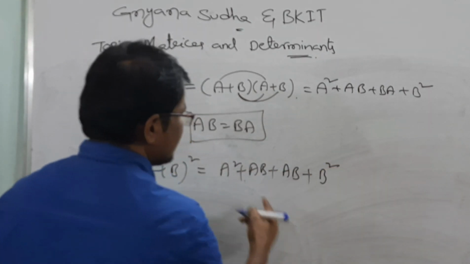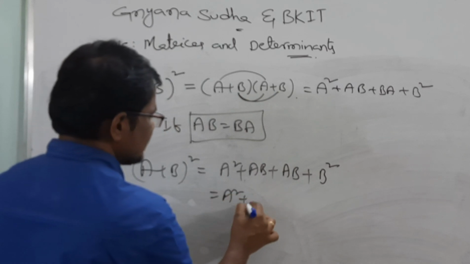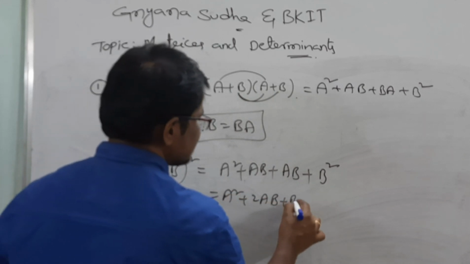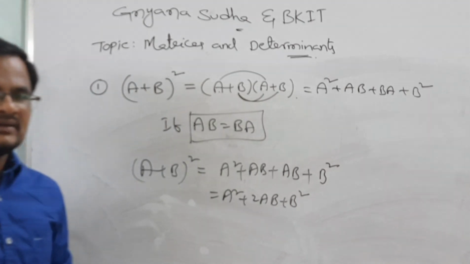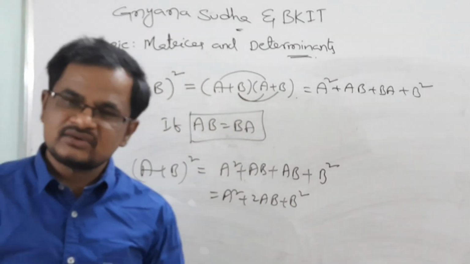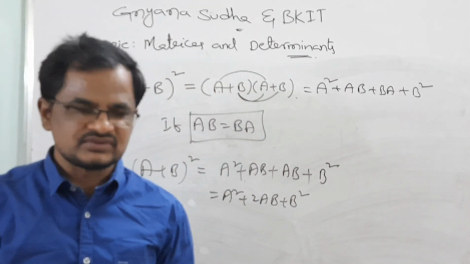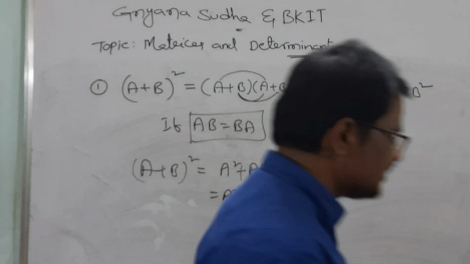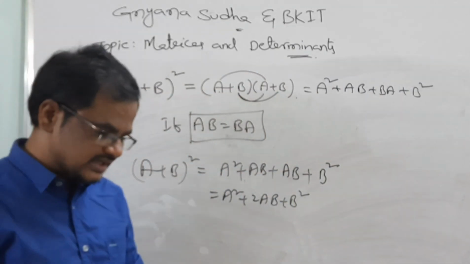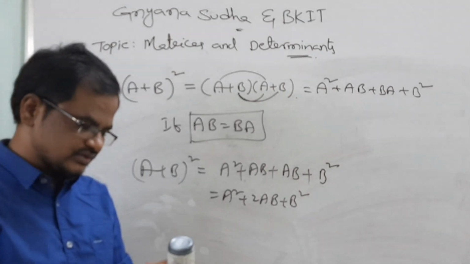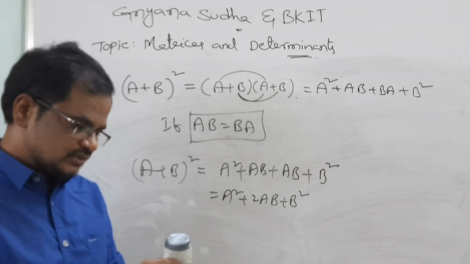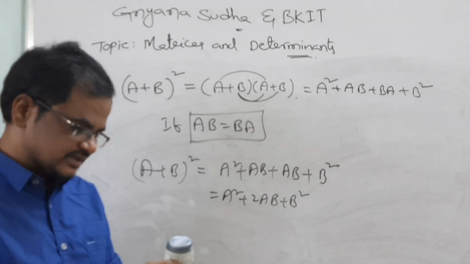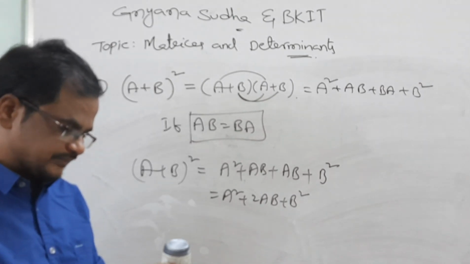Now that is equal to A square plus 2AB plus B square. But if AB equals BA is not given, we can't take it. Okay? So only whenever AB equals BA, then (A plus B) whole square equals A square plus 2AB plus B square. Otherwise we can't take it.